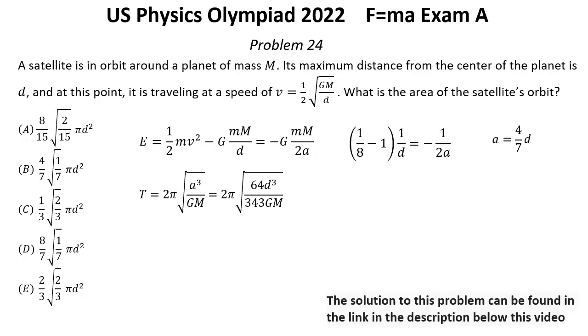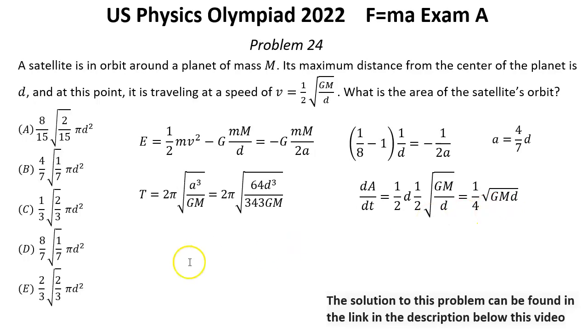According to the second Kepler law, the satellite sweeps area at a constant rate. It means that this rate equals 1/2 distance multiplied by speed at the furthest point, which is 1/4 multiplied by the square root of GMd.